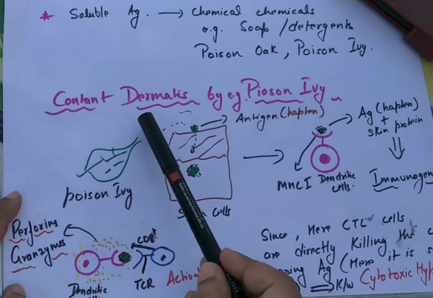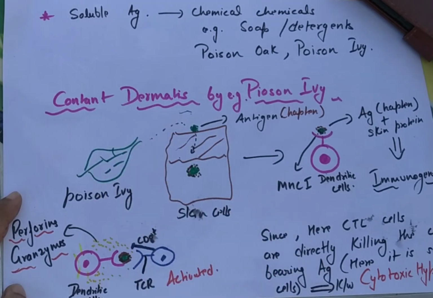This contact dermatitis can be caused by different things. It can be because of contact with some soap, maybe some detergent or another chemical, like we have taken the example of poison ivy here. It can be because of something coming in contact with your skin that you are allergic to.